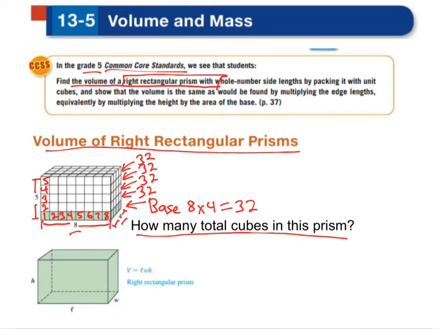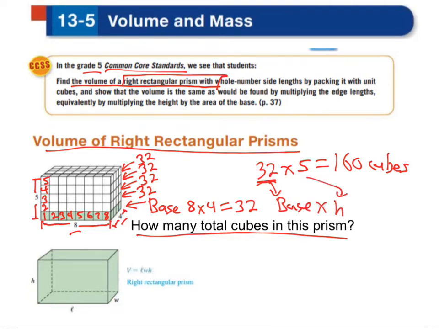In other words, because all the levels are the same, we just take 32 times 5, which would be 160 cubes. There's got to be 160 cubes because there's 5 levels, each one having 32. So think about what we just did there. We took the base times the height.